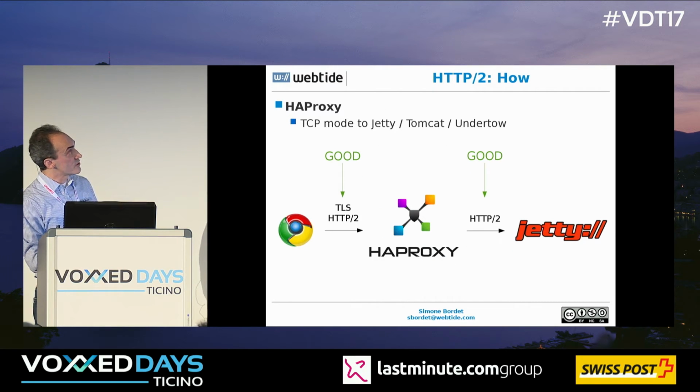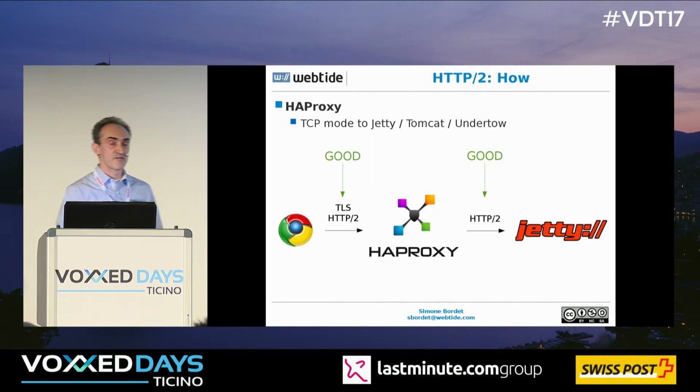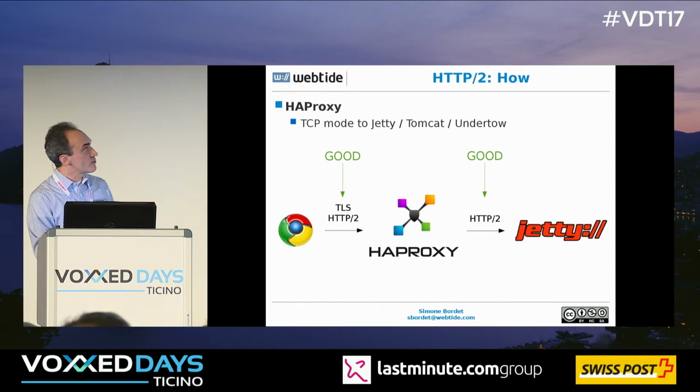So a typical good configuration is this one that we recommend, using HAProxy. But HAProxy is an example. For example, the F5 load balancer also supports this configuration. So what you have here is basically HTTP2 encrypted from the browser to HAProxy, performing the TLS offloading, and then talking to Jetty in clear text HTTP2 within the backend.